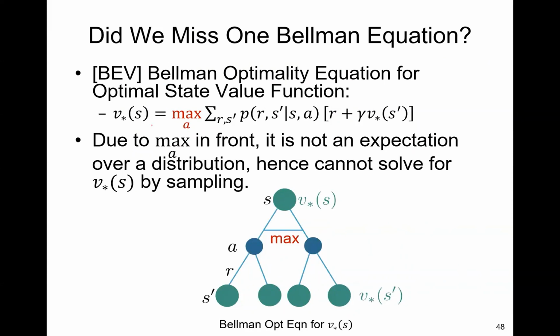It's computing V star, the optimal value function, by taking a max over all actions and taking expectation over all next states S prime, of the reward plus the next optimal value function for S prime. Because of the max over A in front, it's not an expectation over a distribution. So we cannot solve for V star S by sampling. Sampling only works if you have an expectation in front.